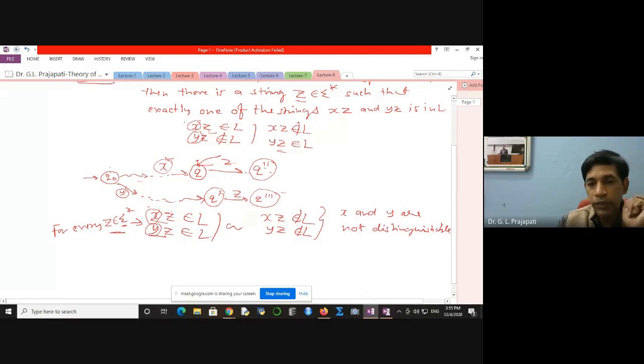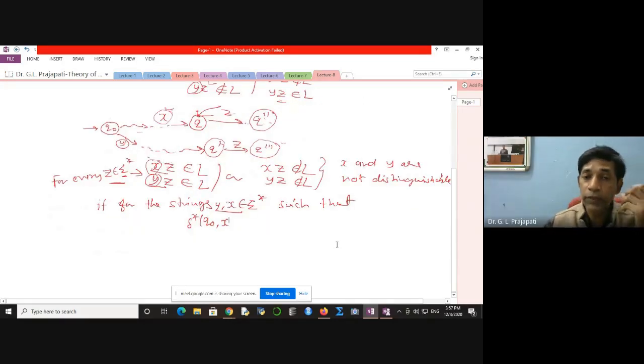So in order to find the equivalent states, we need to identify which strings in the sigma star can be distinguished. If you are able to distinguish, then on receiving such strings your FA must go to different places. And if you are not able to distinguish, then your FA should go to only one place.